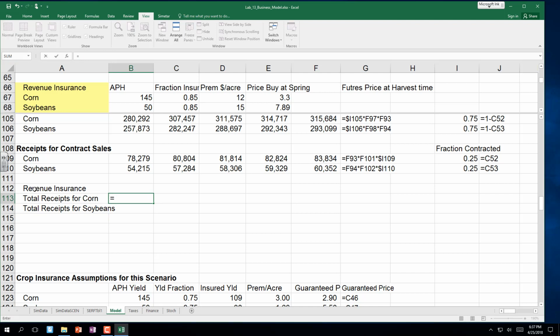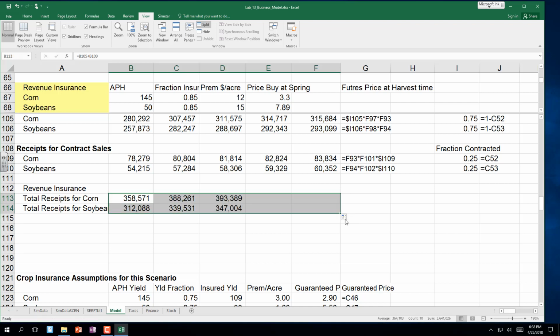For corn, it's equal to B105 plus B109. So it's two different sources: I've got market receipts and I've got contract receipts. Then I can drag that down for soybeans, and obviously we can drag those across for all 5 years.